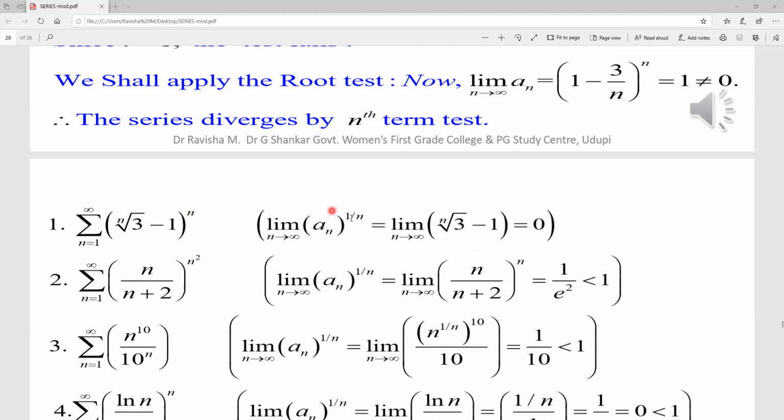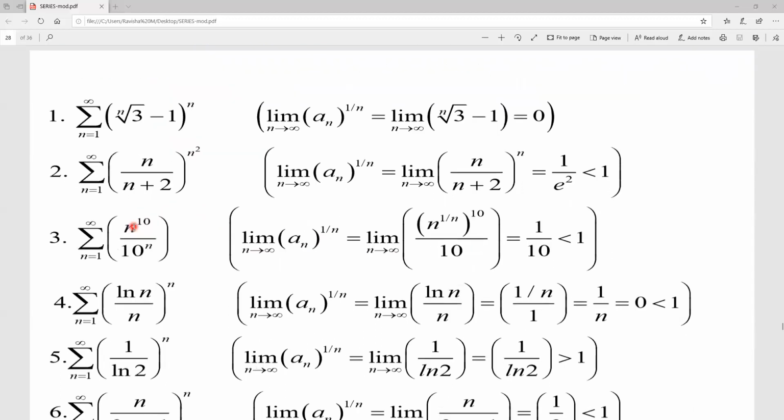Here n and 1 by n cancel. The rest is nth root of 3 minus 1. When you take n tends to infinity, this becomes 1 minus 1, which is 0. So 0 is less than 1. Therefore, the series is convergent by the root test.